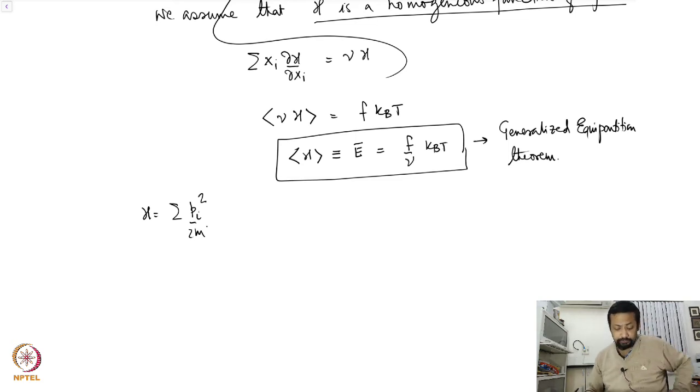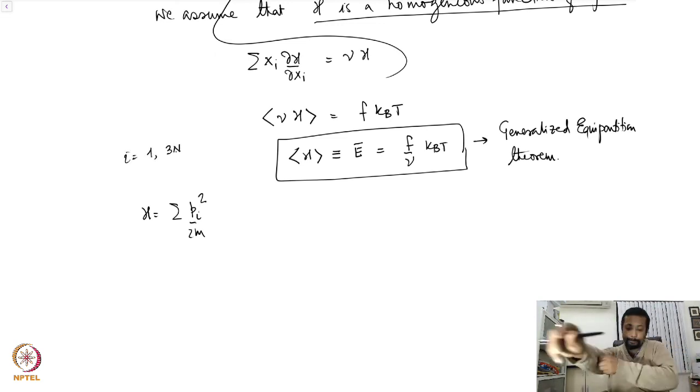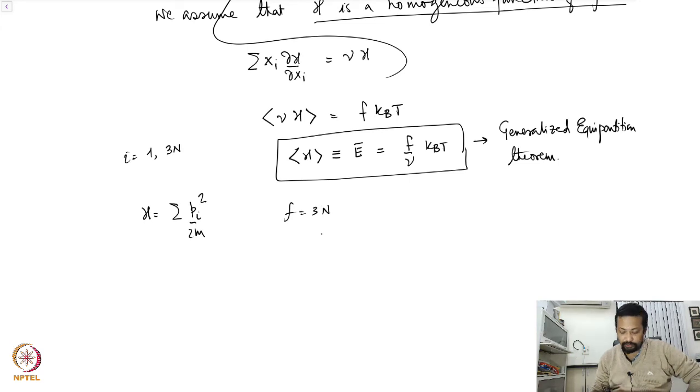Now i runs from 1 to 3n. Therefore, your f is equal to 3n, which means the sum over i equal to 1 to 3n of the average of pi del h del pi is going to be 3n kBT.